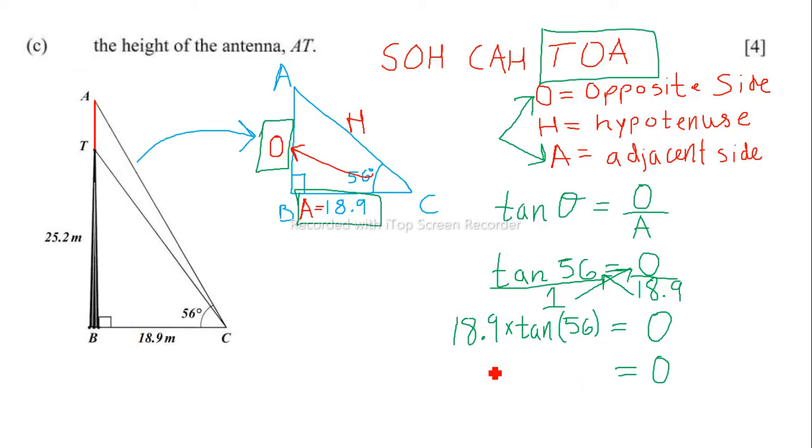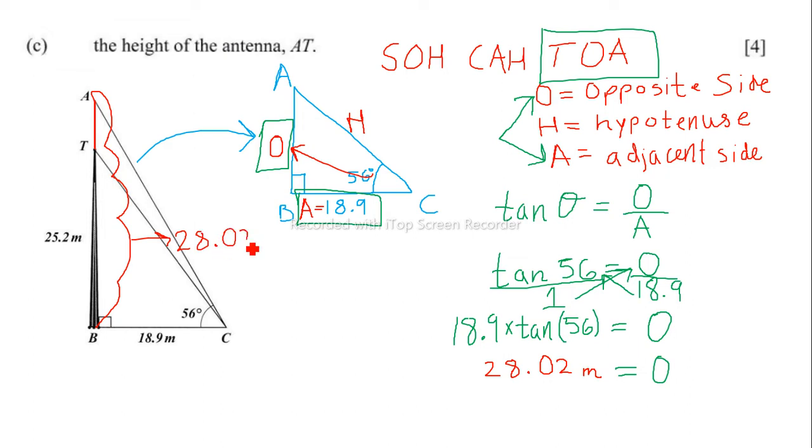So that's 28.02 meters. And so therefore AB, the length of this entire thing, is going to be equal to 28.02.